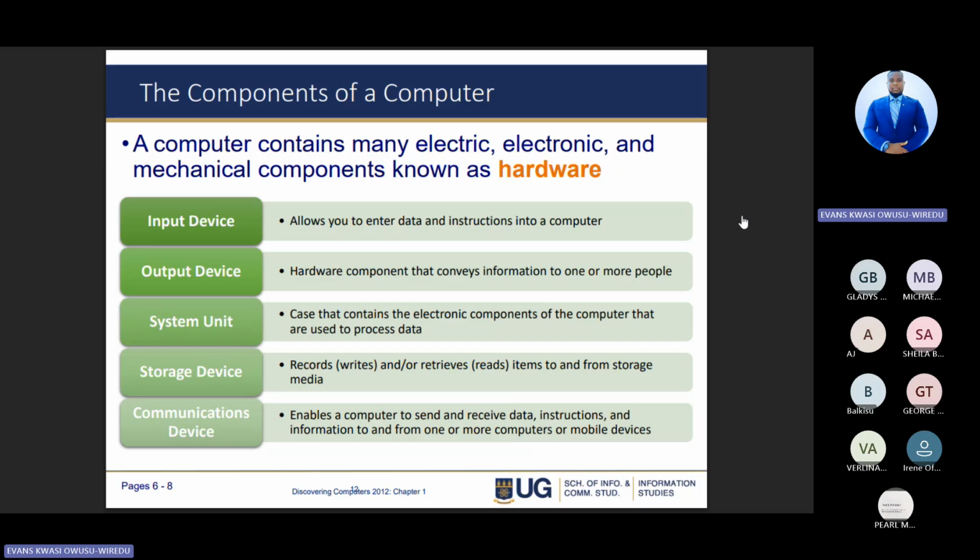Now, when we say electric, we are talking about the part of the computer that deals in delivery of electricity or power to the computer.